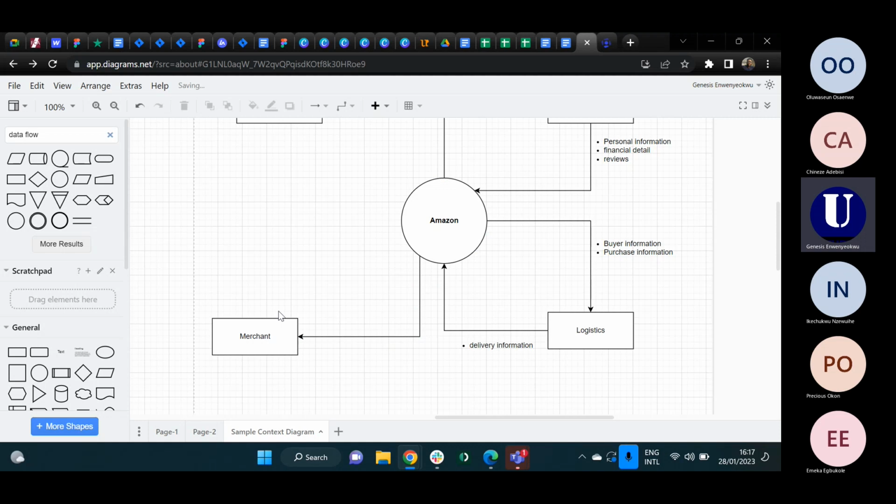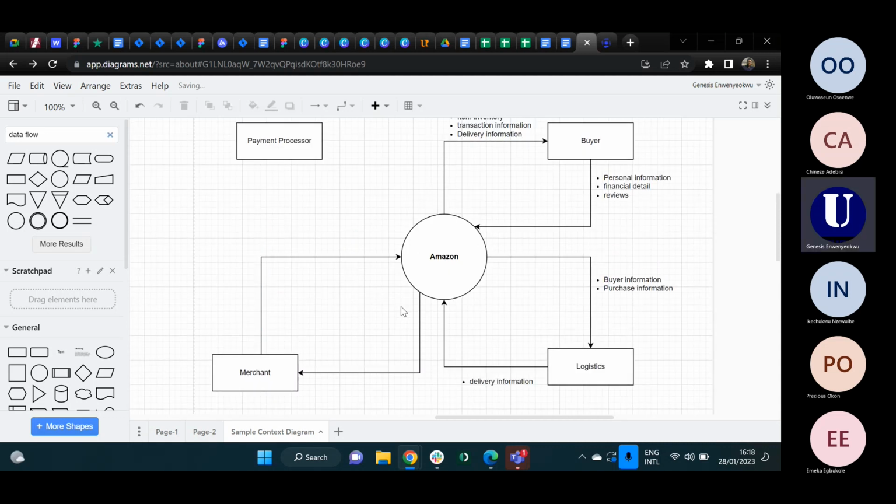And then the kind of information the merchants will also be sending to Amazon. So what kind of information will the merchant be sending to Amazon?